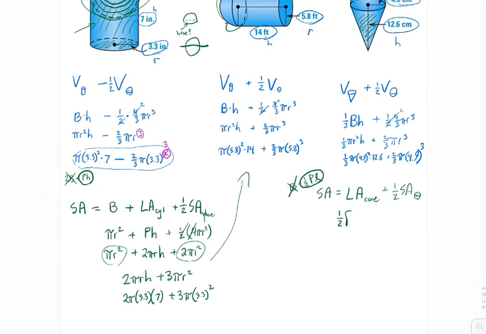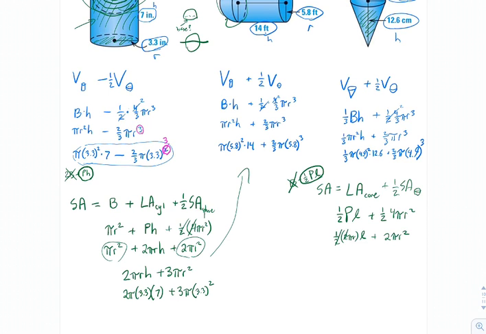So I get 1/2 PL plus 1/2 the surface area of a sphere, which is 4 pi r squared. So we get 1/2 times 2 pi r L, because the circumference of that base circle is the perimeter of the base, and then plus 2 pi r squared. So then 1/2 and 2 cancel, and we get the lateral area of the cone is pi r L, plus 2 pi r squared as the top surface.